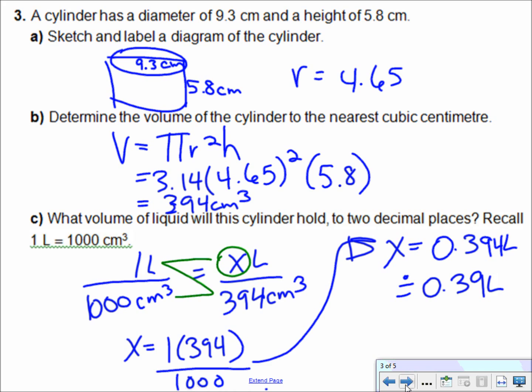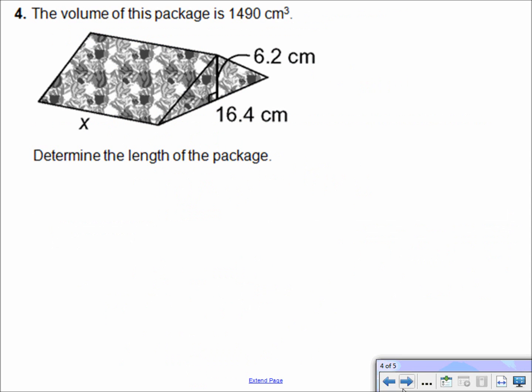My volume is in centimeters cubed, so I just need to set it up. Remember, I had liters on top, centimeters on the bottom. Make sure you stick to the same unit on the top and the same unit on the bottom. Sound good, everybody? Okay.